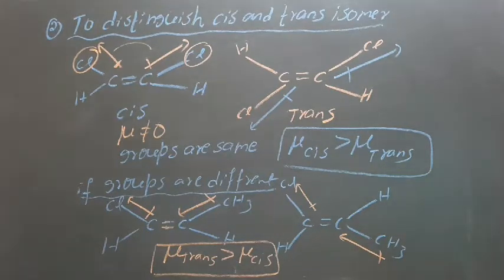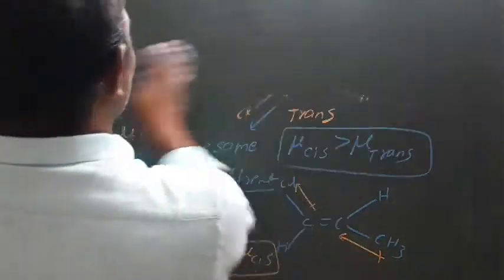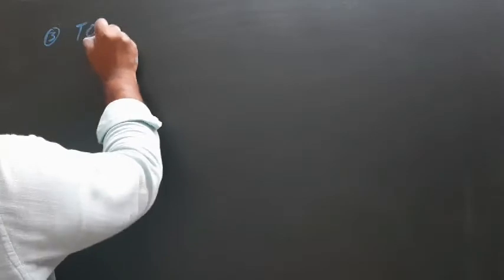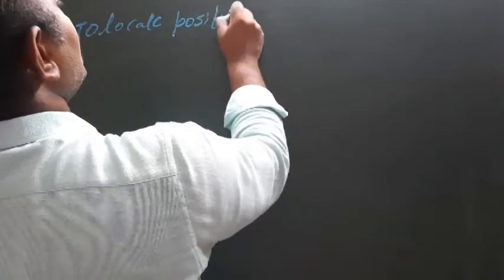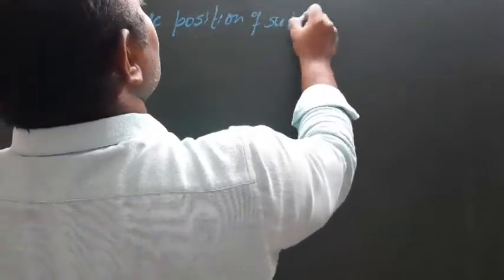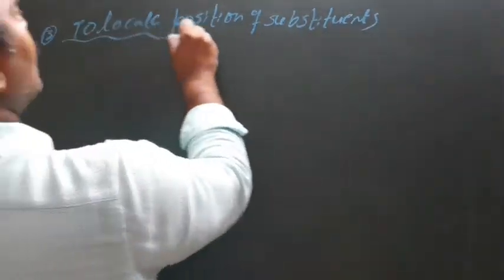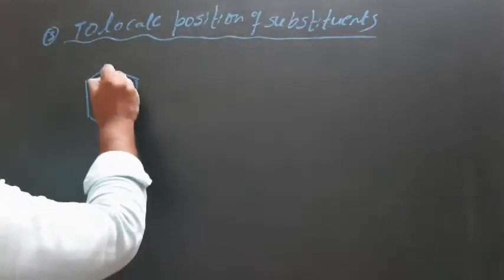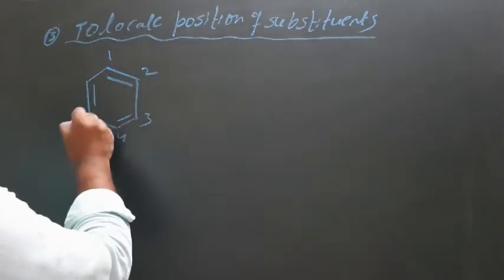Now coming to the next application, the third one: to locate the position of substituents. Now see here, if you take benzene with alternate double bonds, first carbon, second, third, fourth, fifth, sixth.